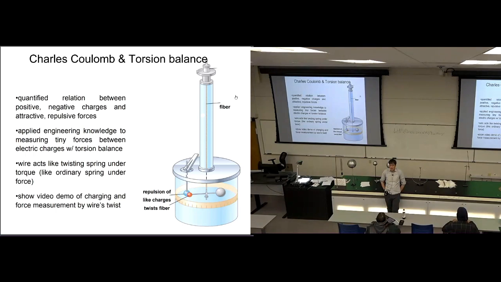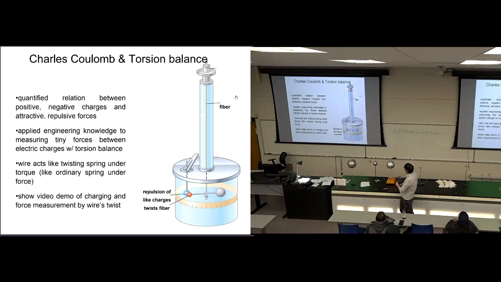He built a device, an instrument, to accurately, precisely measure the tiny forces that he created between electrical charges. Through doing this experiment with this device called a torsion balance, he was able to map out the sizes of the electrical forces between electrical charges and write down a law, Coulomb's law, that describes the electrical forces between electrical charges.